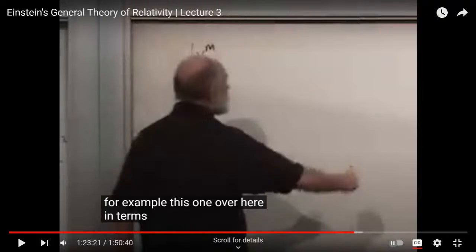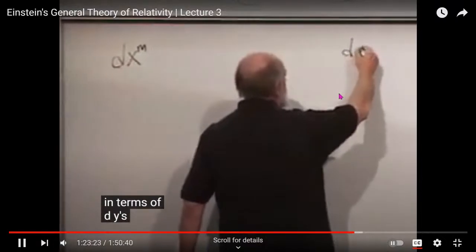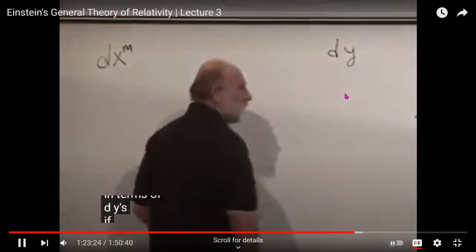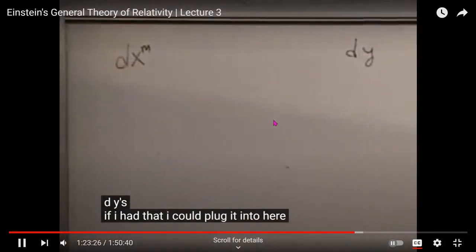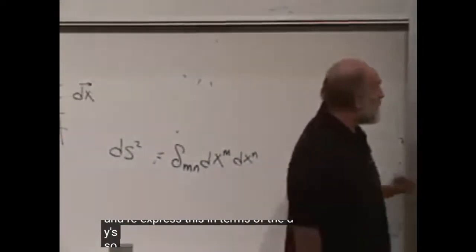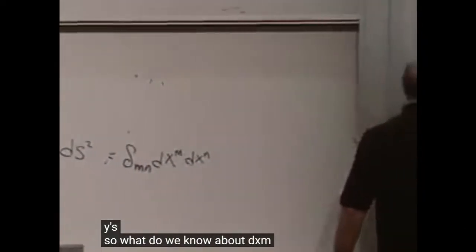So what do we want to say about dxm? We want to express dxm in terms of dy's. If I had that, I could plug it into here and re-express this in terms of the dy's. So what do we know about dxm?